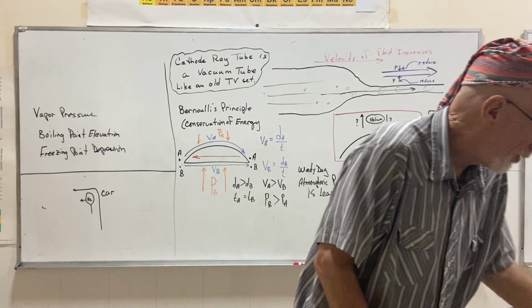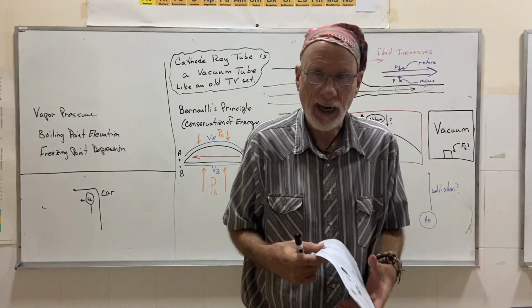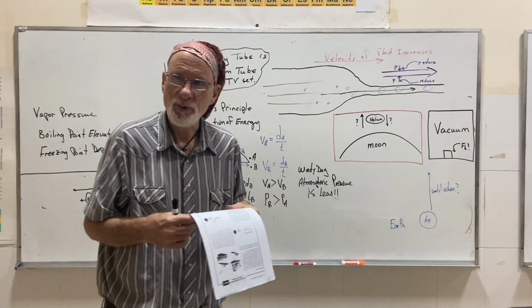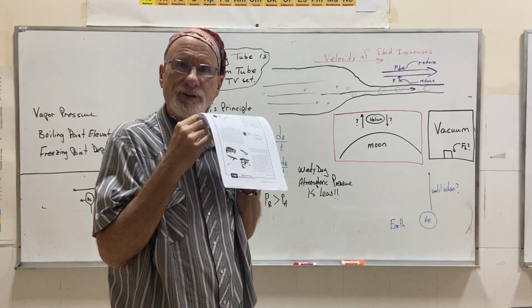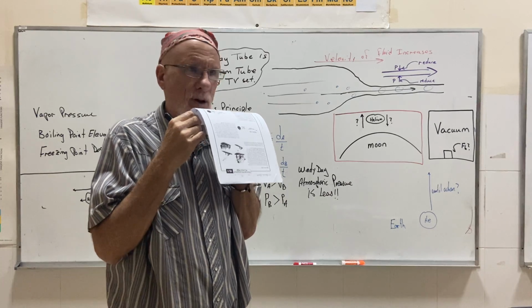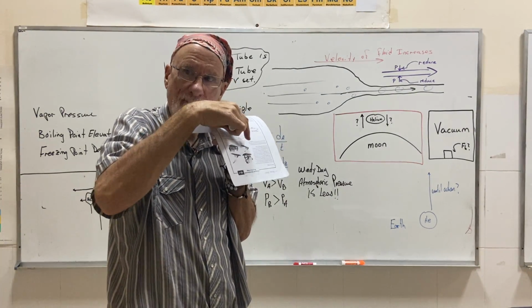Correct? So if I have a piece of paper and I increase the velocity, I get lift. You get that? So the pressure is less on the top.